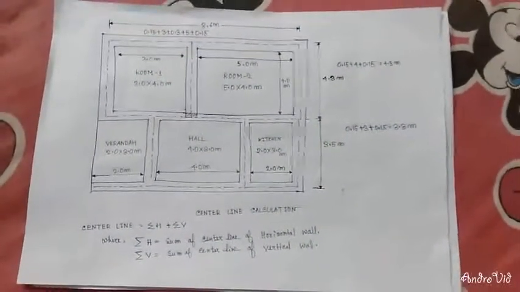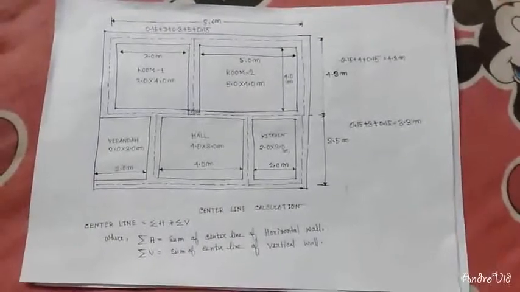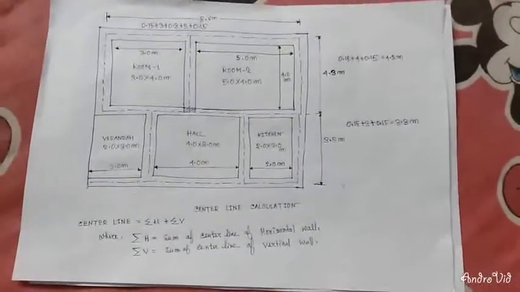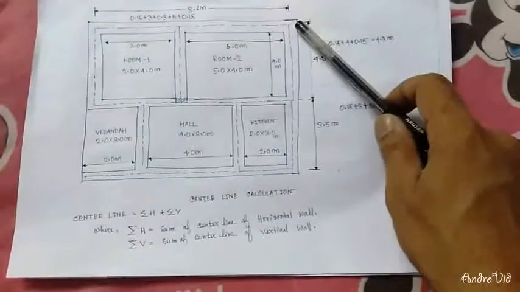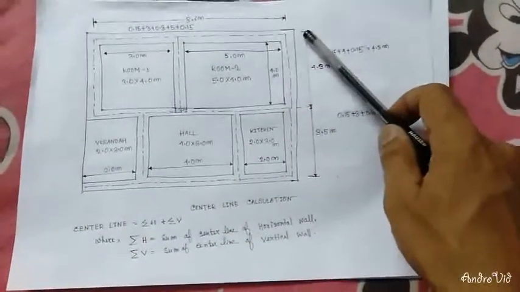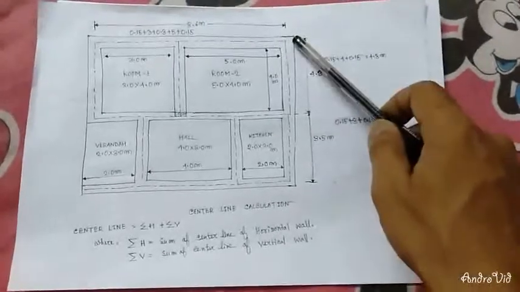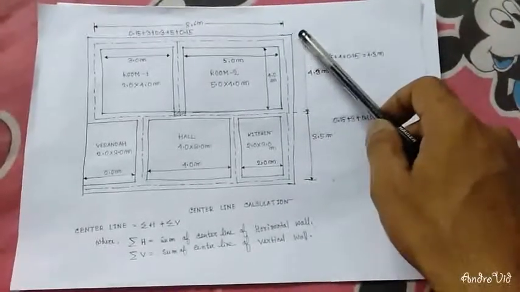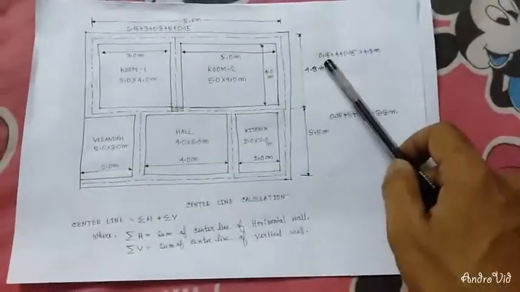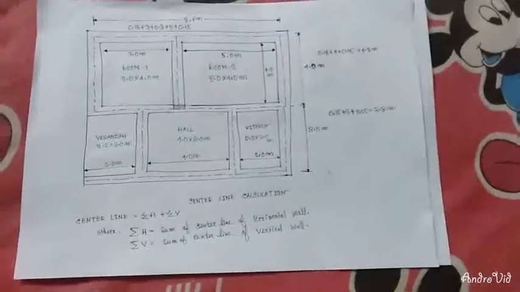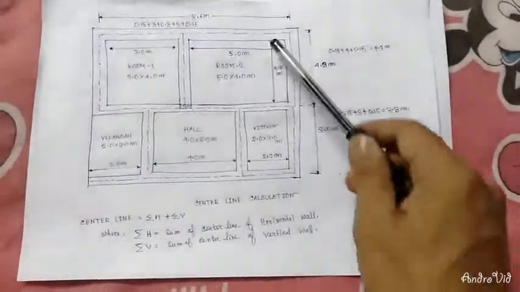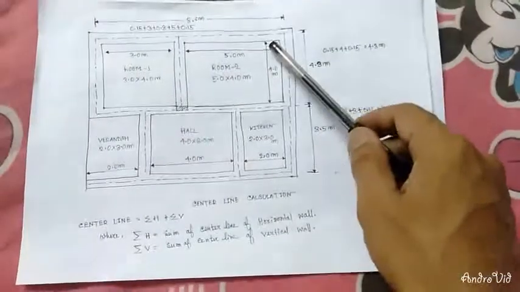Wall thickness is also given, that is the same, 0.30 meter. So here we have to take half of the wall thickness, because we are considering the center line, the center to center distance from here to here. So we consider half of the wall thickness, that is 0.15 meter, plus the vertical in-to-in dimension of both rooms. The in-to-in dimension is given here, that is 4 meter.